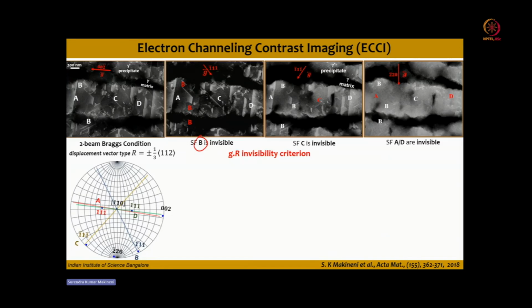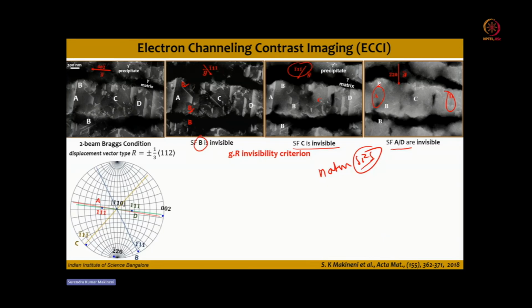So these faults are invisible, but in another 1 bar 1 condition your stacking fault C is invisible, and in 2 bar 20 both A and D get invisible. Correct? So based on this you can do the g dot b analysis and actually get the nature of the stacking faults present in the sample.